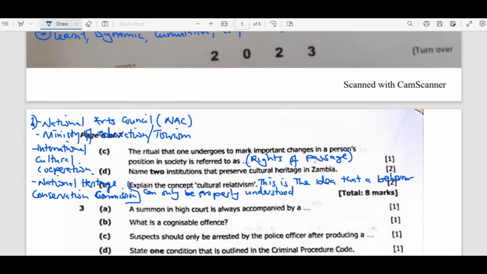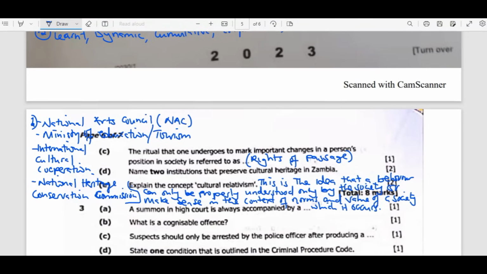So it can be understood only by the society, or make sense in the context of norms and values of a society in which it occurs.